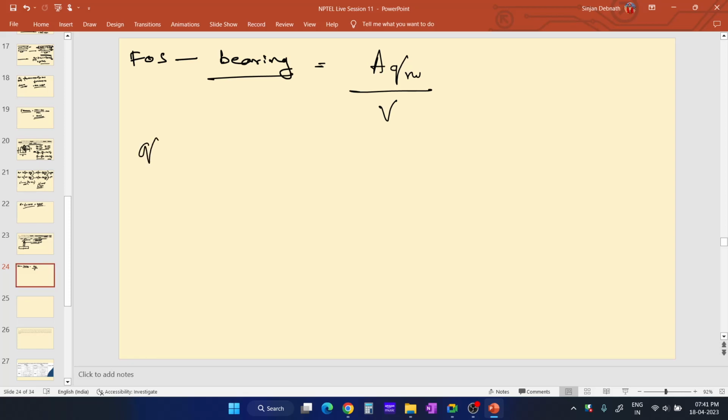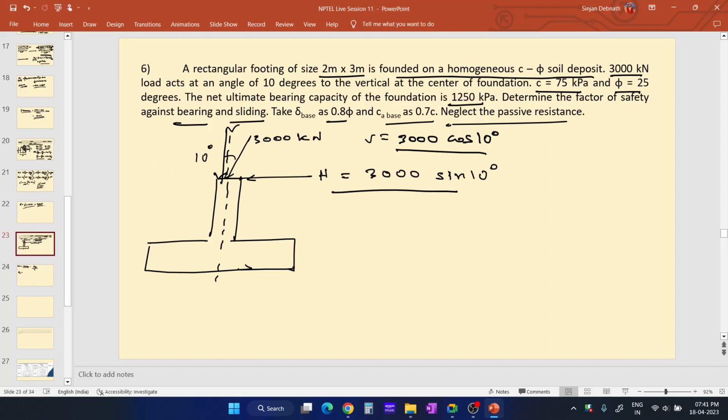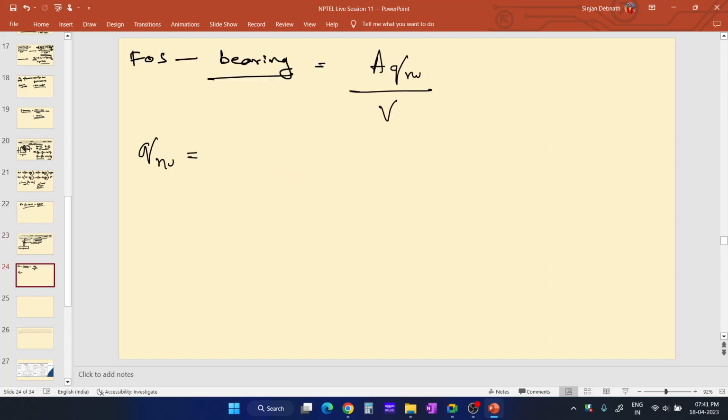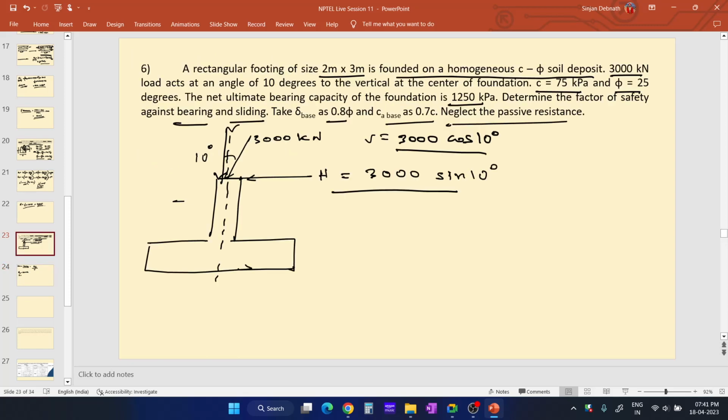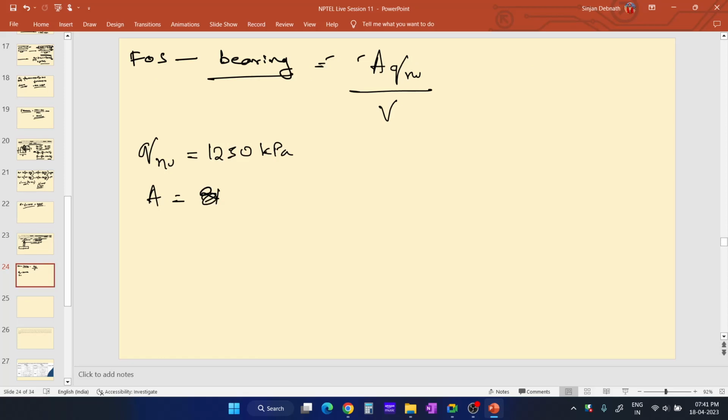Let me write down the data over here. The area of the footing is 2 meter by 3 meter, so 2 into 3 equal to 6 meter square.